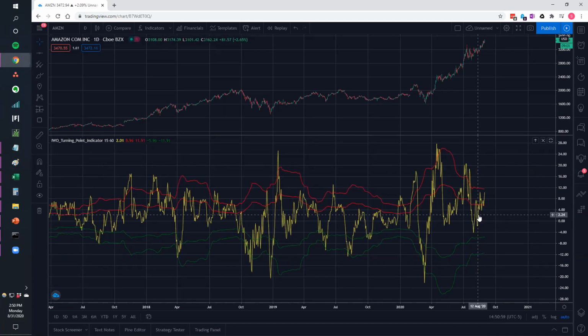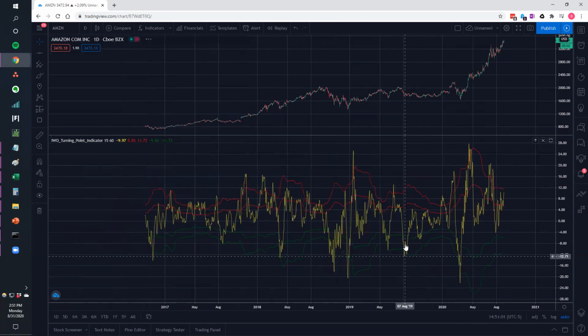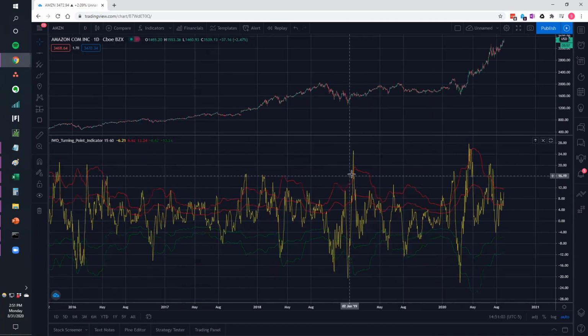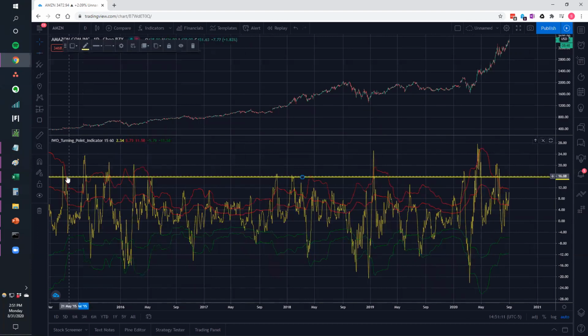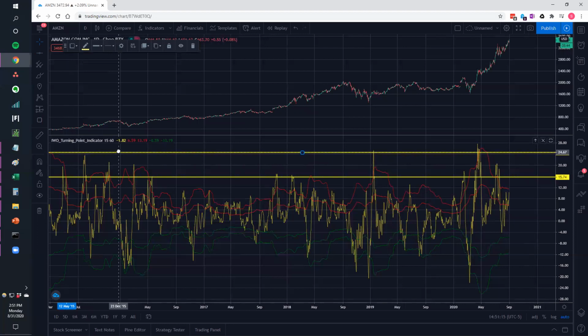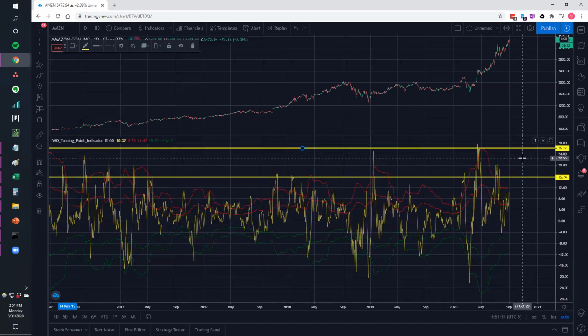Mike is asking, are you choosing 15% because that's on your rate of change vertical line? What I'm looking at, and there are more quantitative ways to do this, is basically the range of these spikes. Most of these spikes higher are within the 15 to 26 percentage point range.